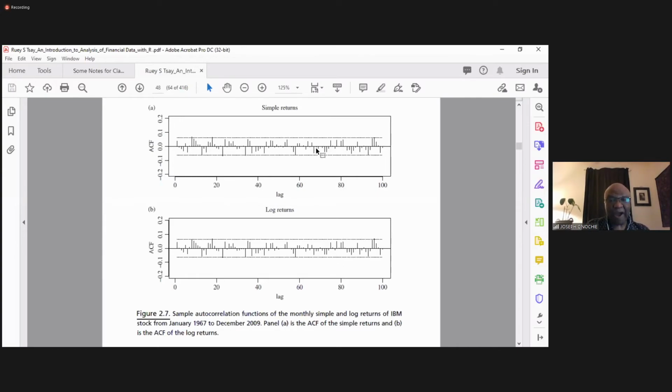If it's not white noise and it is autoregressive, what will this graph look like? Next Tuesday or next Thursday, your head will be spinning when I'm done with you, because I'm going to show you a proof of what the autocorrelation function will look like.